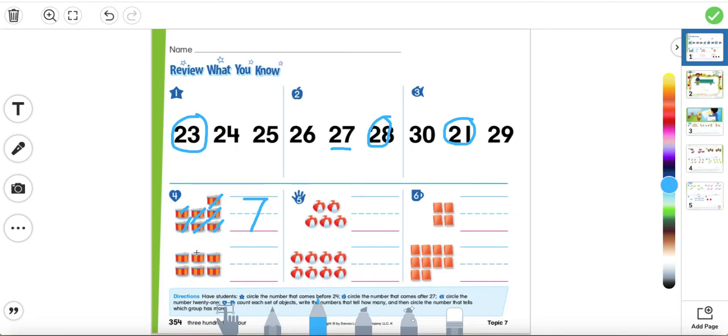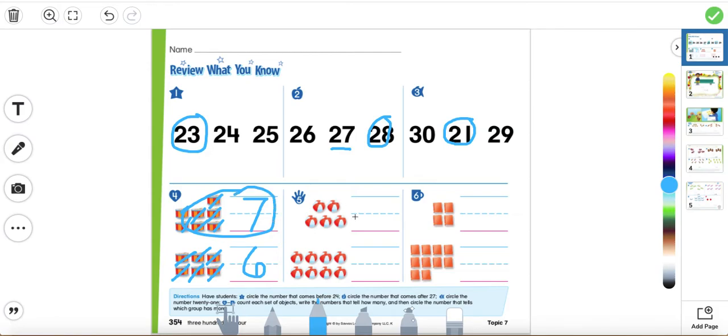Let's count the bottom. 1, 2, 3, 4, 5, 6. Which of these has more? The top one has one more.